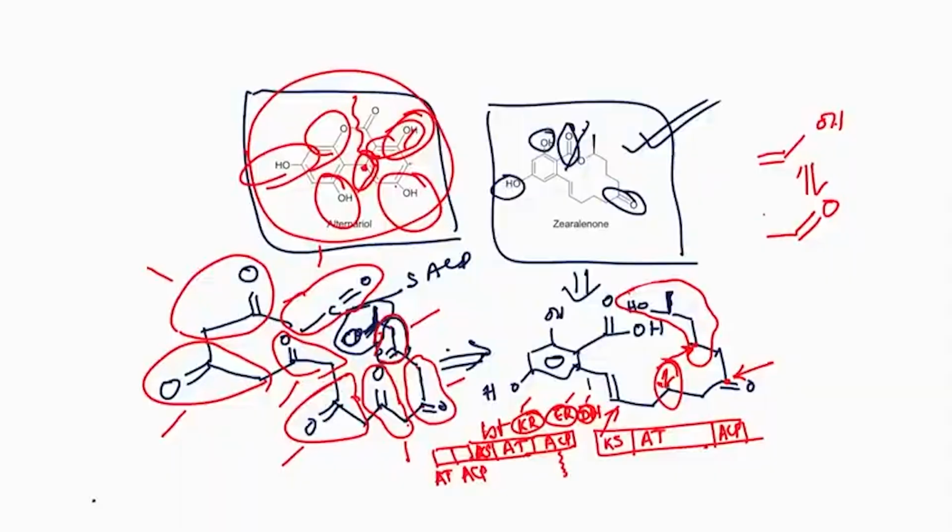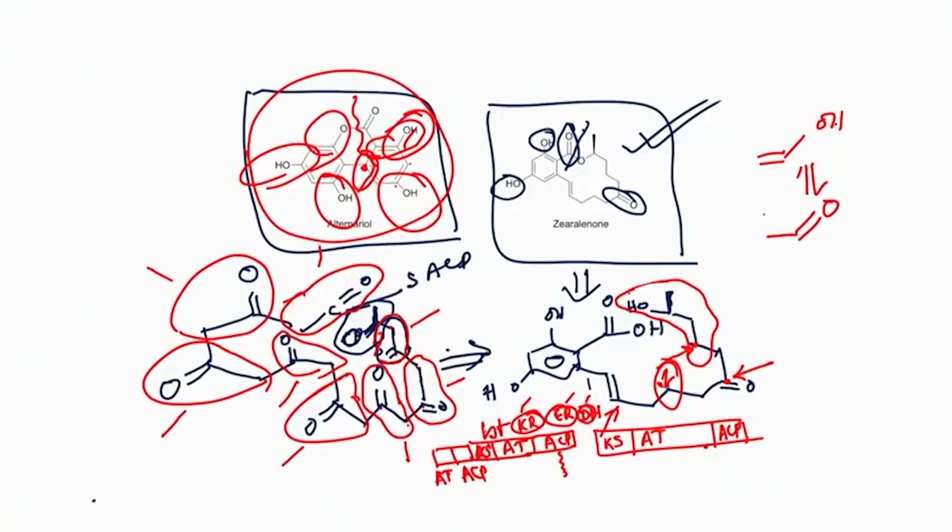They put C13 labeled starter and find out where it ends up, or C13 labeled extension unit, and then do an NMR study of the secondary metabolite. You can say whether that extension unit has been incorporated or not. Okay. So, that is just by simple NMR technique, but you have to use isotopically labeled starter units or extension units. Okay. So, that is all about the polyketide synthesis.